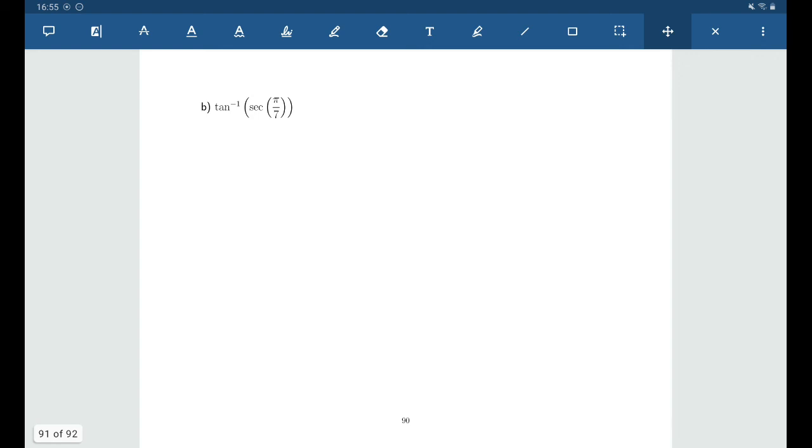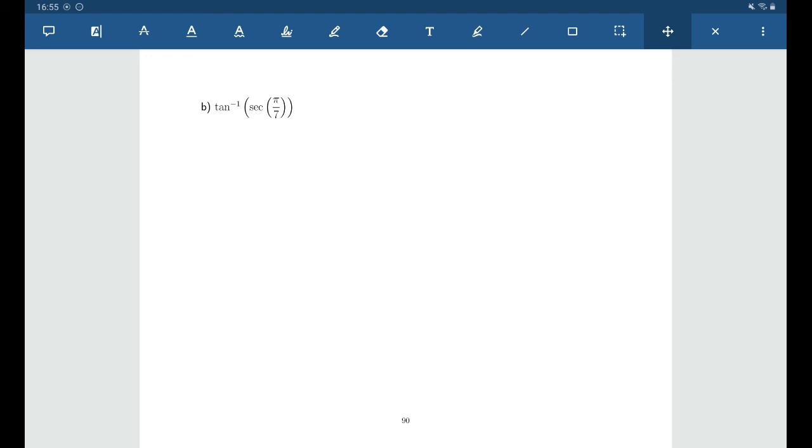All right, one last one to go here. We've got tangent inverse of secant of pi over 7. We want to ask ourselves, can we come up with the exact value for this, or do we need to come up with an approximate value?